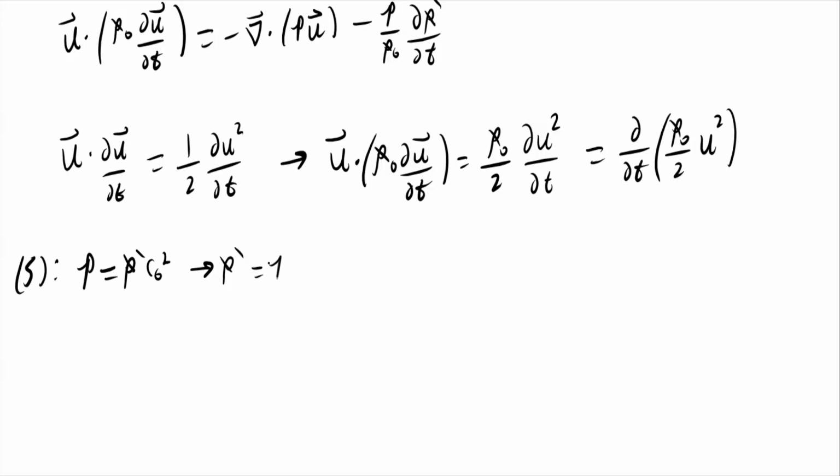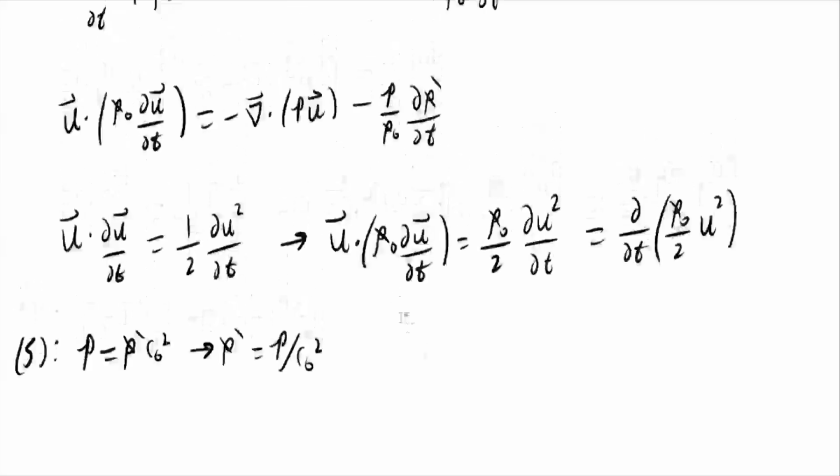And let's do some quick manipulation here to obtain an expression for rho prime. Well, if this is our expression for rho prime and we want d rho prime dt, then we can see that d rho prime dt is 1 over c naught squared dp dt.